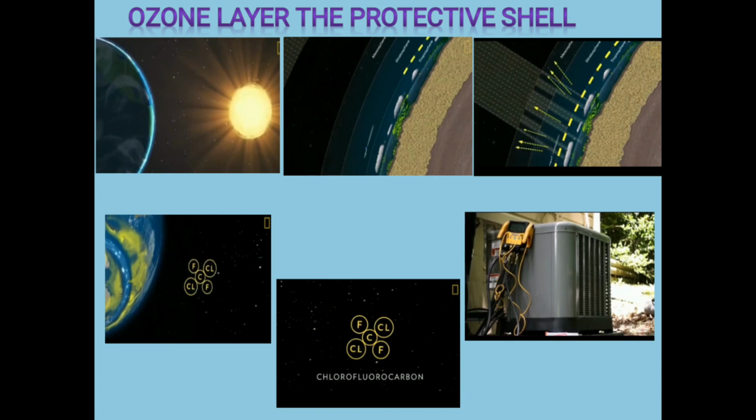But nowadays, this layer is depleting day by day because of CFCs, chlorofluorocarbons, which are used in air conditioners and refrigerators. They mix with the air, so that global warming is increasing day by day.